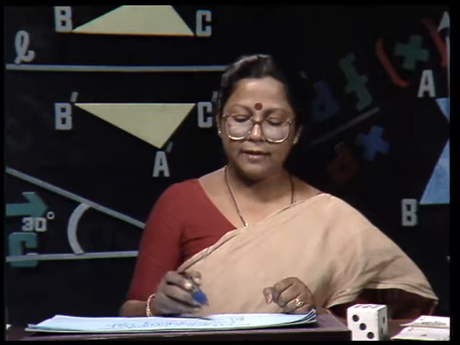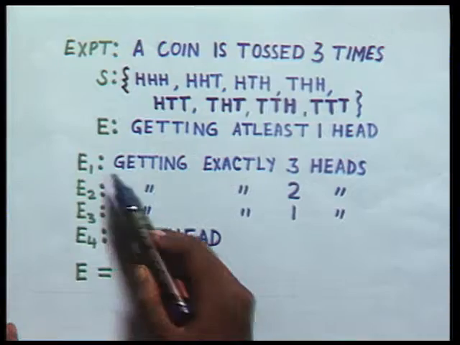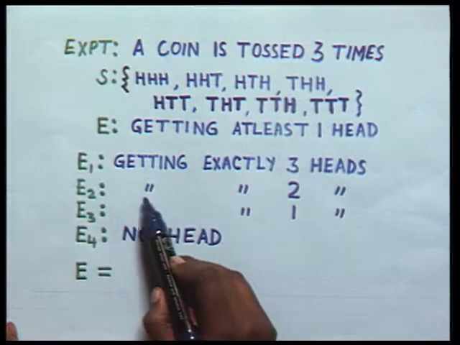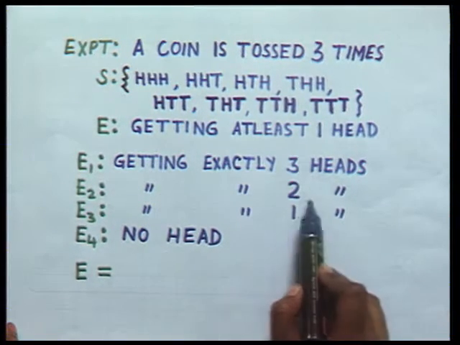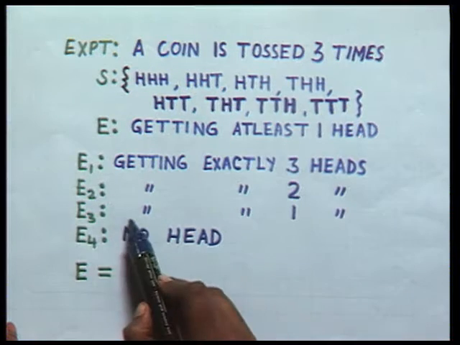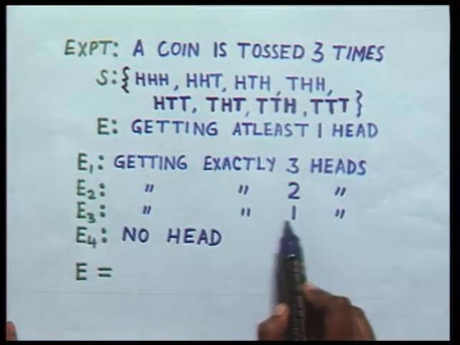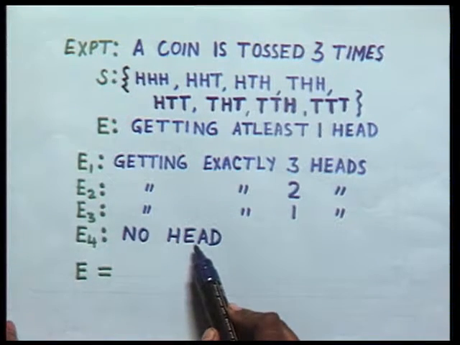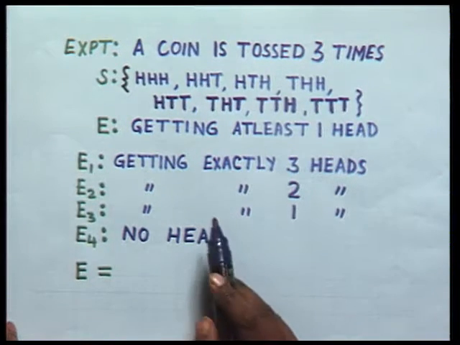Now, consider event E1 as getting exactly 3 heads, event E2 as getting exactly 2 heads, event E3 as getting exactly 1 head and event E4 as getting no head or all tails.